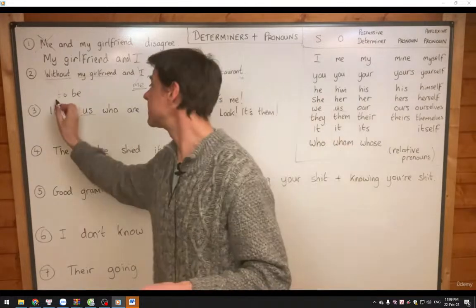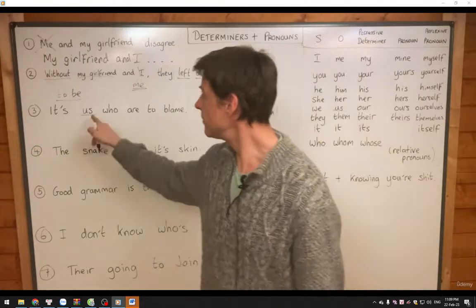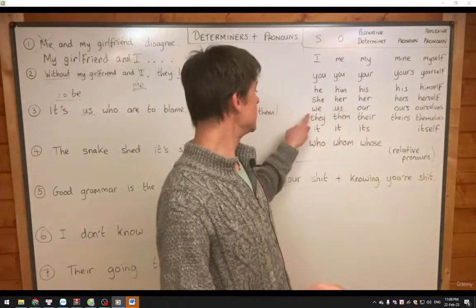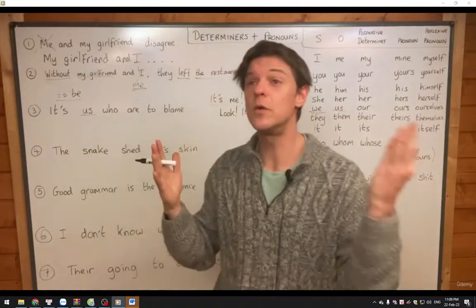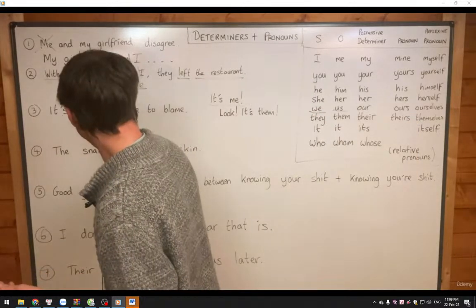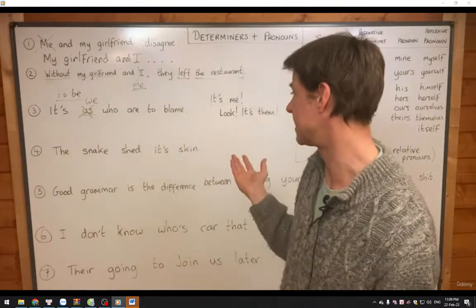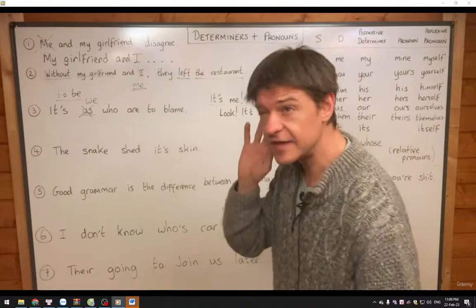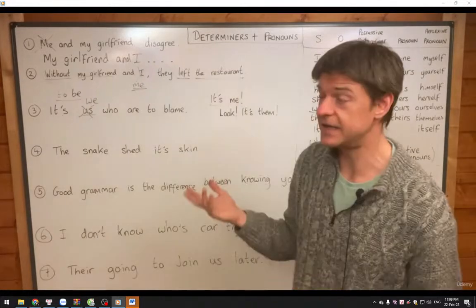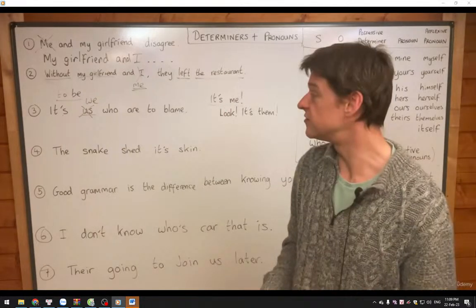It should actually be the subject. So we shouldn't use "us" here. We should use "we." It is we who are to blame. That would be the correct option. Or it is I who am to blame. Now that might even sound a little bit strange to a non-native speaker's ears, but this is the correct option. It really is.